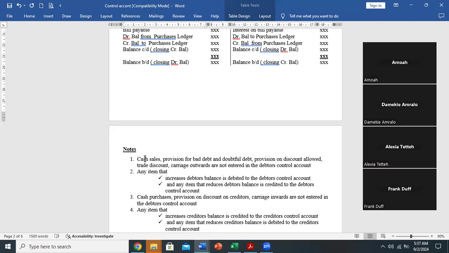So cash sales and cash purchases do not affect these two control accounts. So if you see them in a question, you ignore them. Likewise, all the provisions do not affect the actual balance on debtors or creditors. Carriage inwards, carriage outwards, same. So when you see these items, you just ignore them in the question, okay?